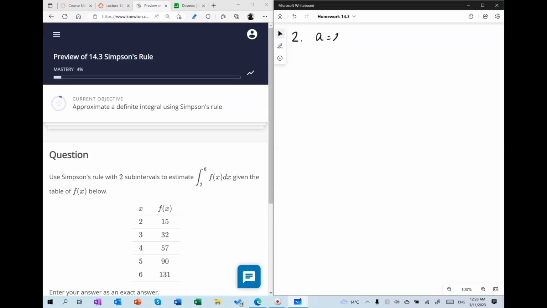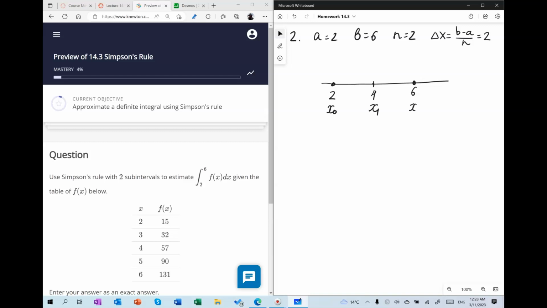A is 2, B is 6, N is 2. So delta x is equal to b minus a over n. So it's 2. Now we need to create the partition. Again, I don't need to draw the whole function, but I do need to figure out the partition. So we're going to start at 2 and go all the way to 6 in increments of 2. 2, 4, 6.